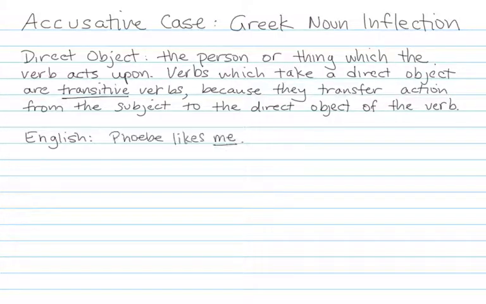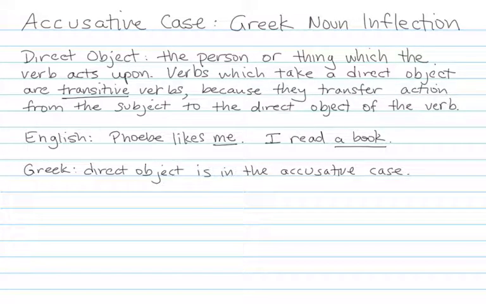So an English example is Phoebe likes me. Me is the direct object. It's the thing that the verb acts upon, and then likes is a transitive verb transferring action from the subject to the object. In I read a book, book is the direct object, and read is a transitive verb.